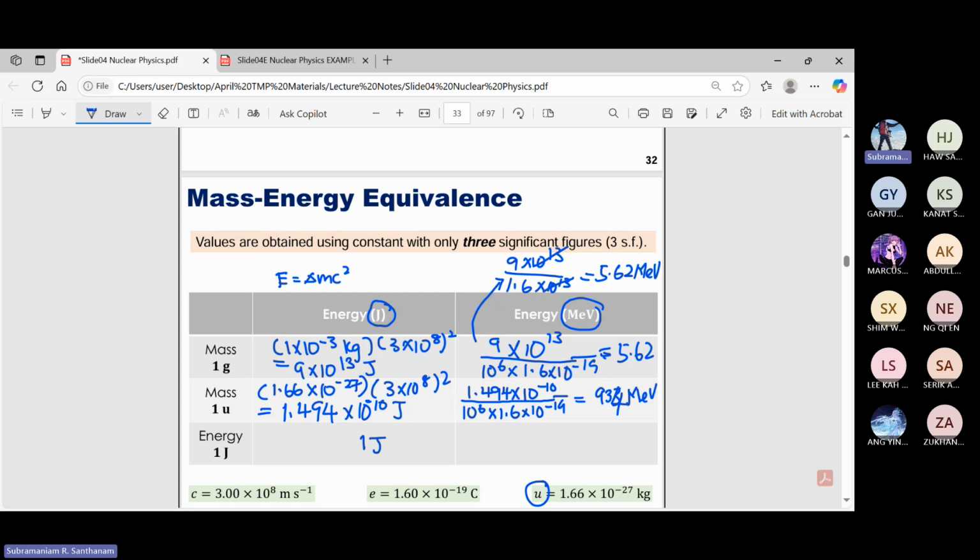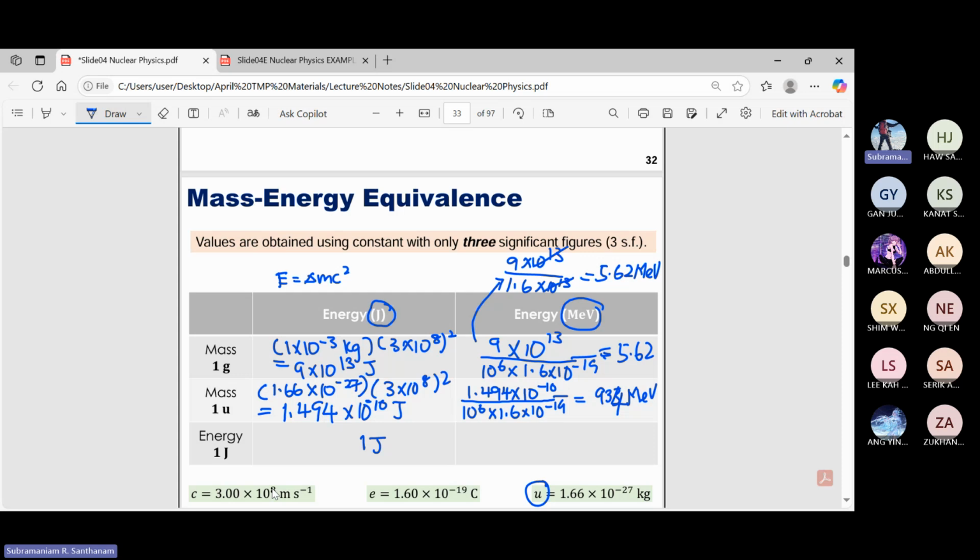So 2U, multiply by 2, 934. 3U, 4U, it just multiplies according to the number of U. So this one is just converting.